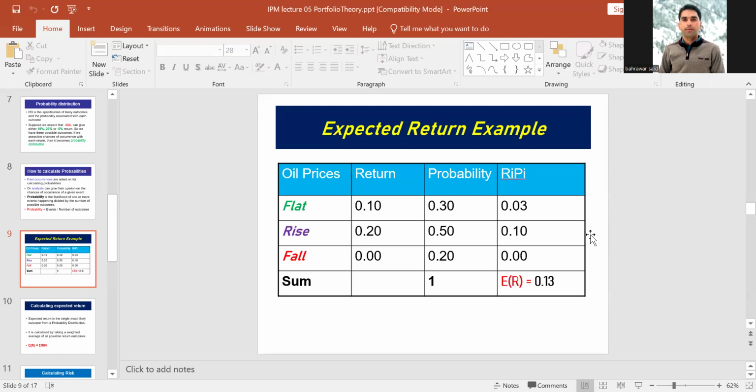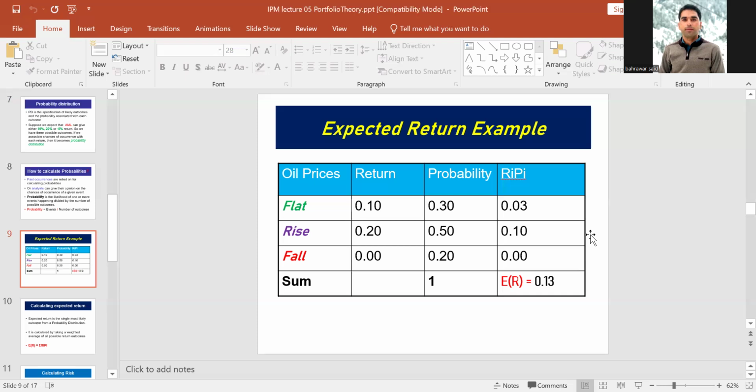While if a decline occurs, 0% return in oil prices, we have 20% probability. So multiply return with the probability, then the sum will become 13%. 13% will be the expected return.